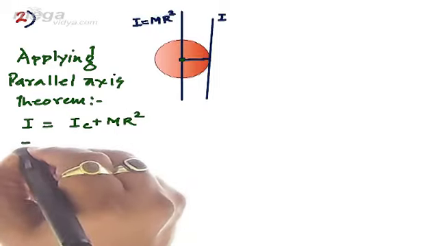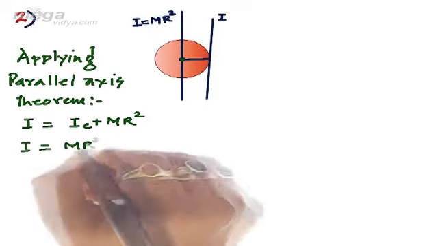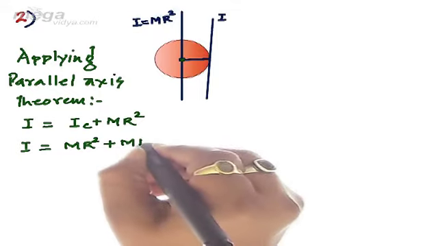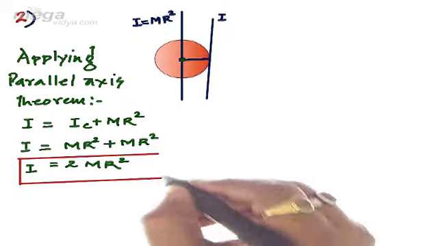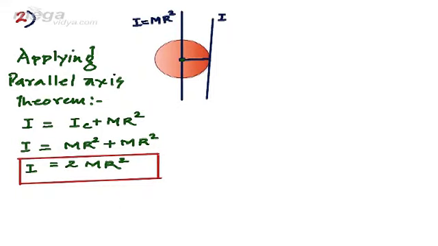So I will be equal to mr square plus again mr square, which will come out to be 2 mr square. So the moment of inertia of a ring about the tangent and parallel to the centroidal axis is 2 mr square.